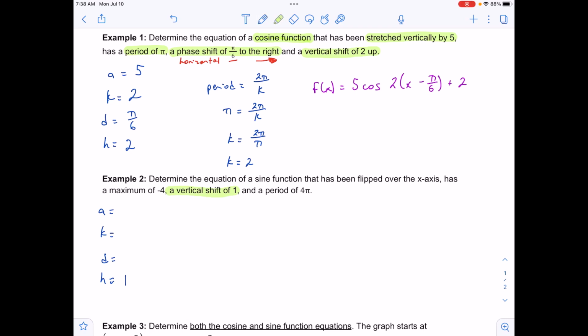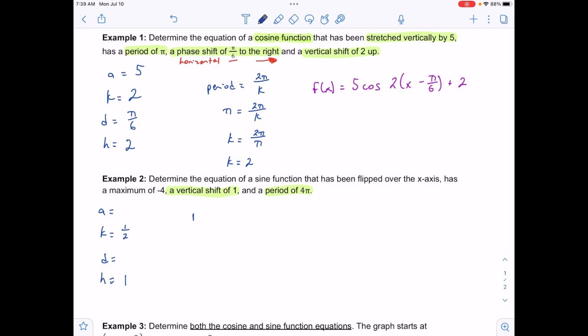We can also do the period thing right now. We've got a period of 4 pi. 4 pi means that it is taking twice as long, or it's moving at half speed. So our k value is going to be 1 over 2.